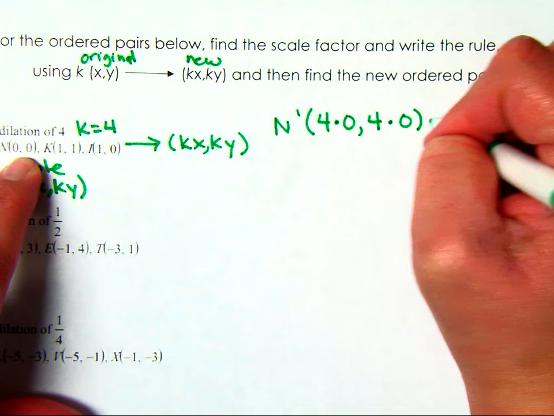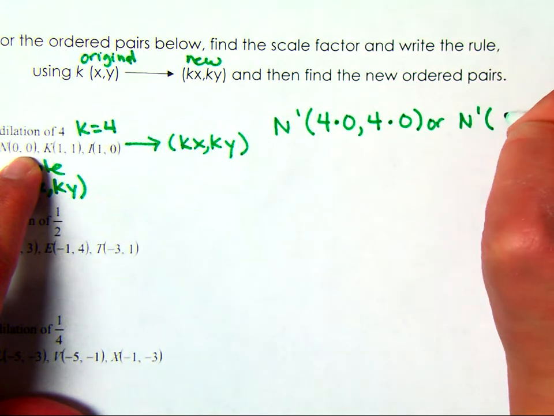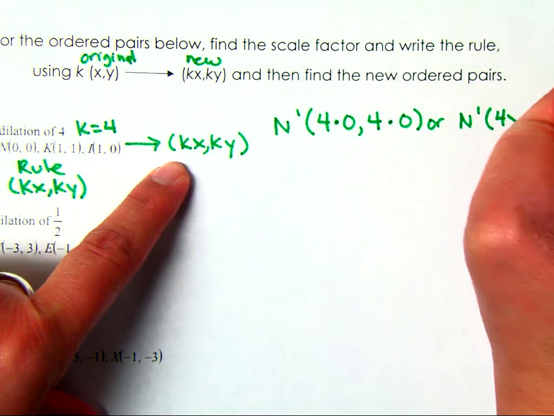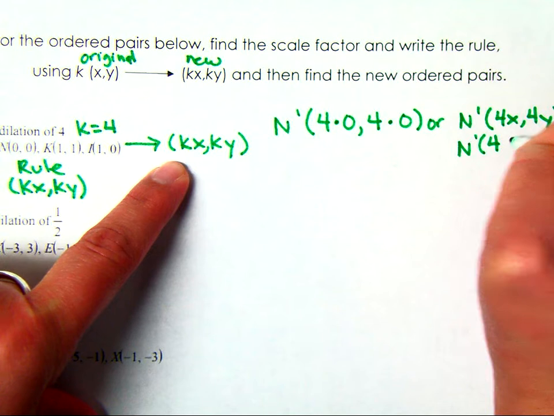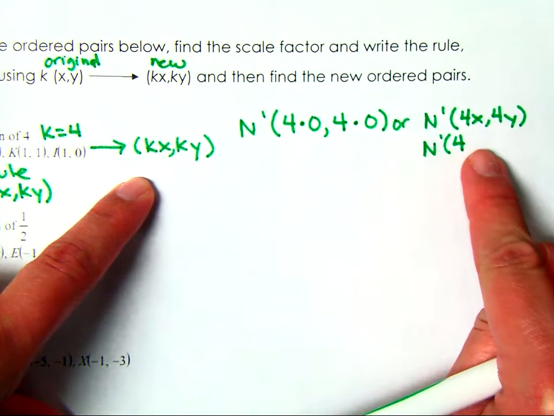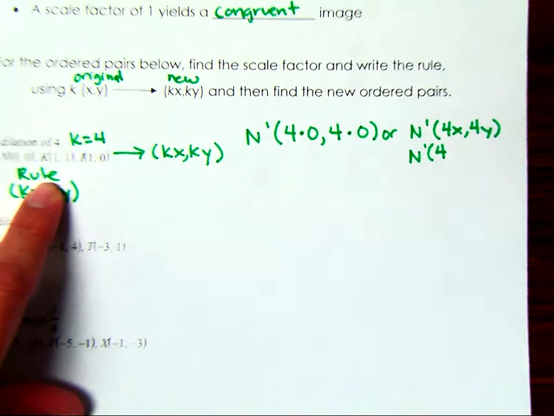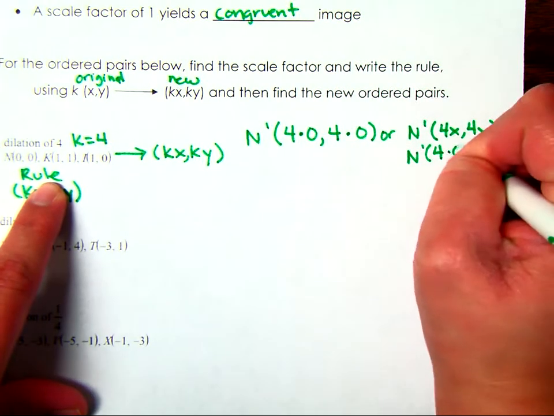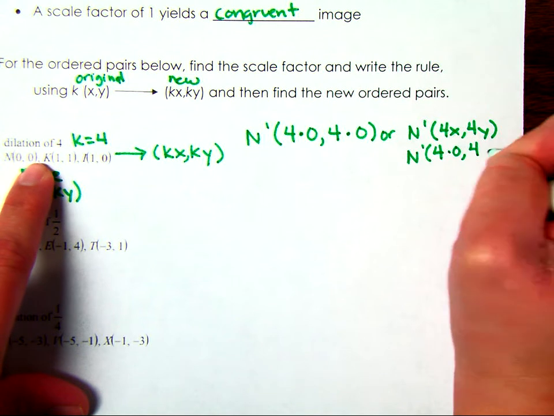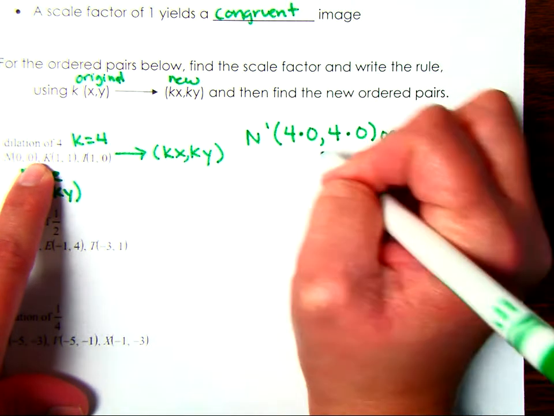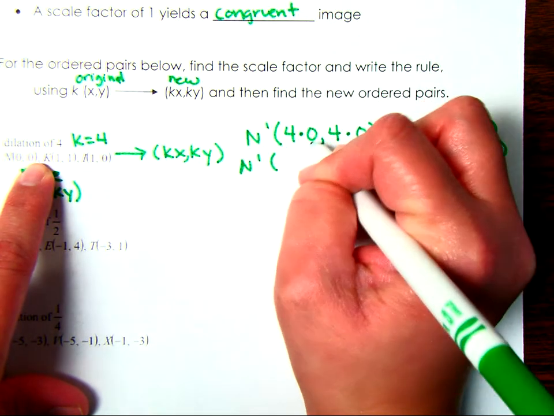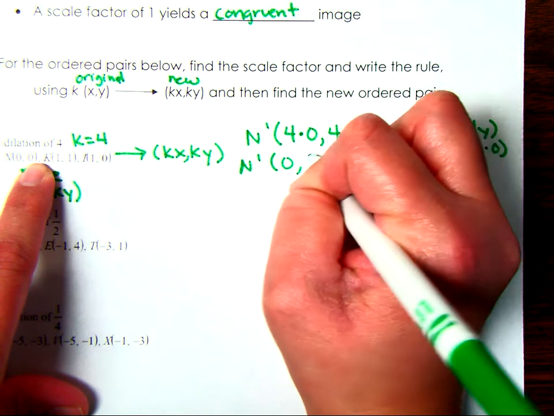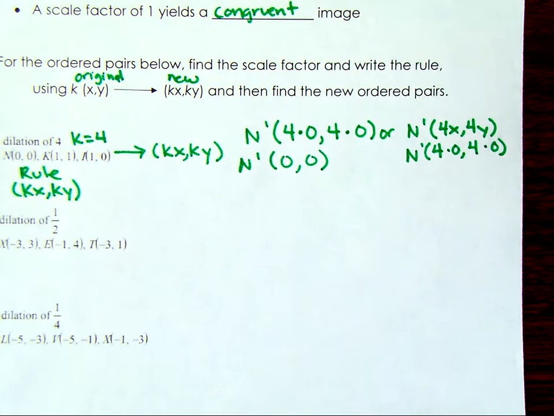Another way to think about it is 4X and 4Y. All I'm doing is 4 times my original X, which was 0, and 4 times my original Y, which was 0. So N prime is going to be 4 times 0 is 0, 4 times 0 is 0.